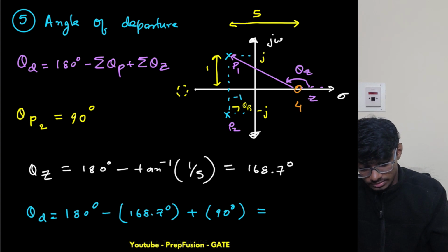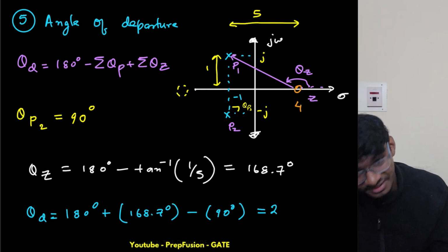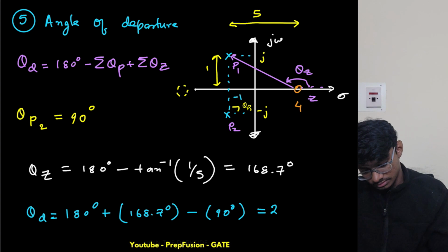Sorry, I should add 168 and subtract 90. I'm in some other place. Sorry for that. So if I subtract 90 from this one, I have to add, so this becomes 258 basically.